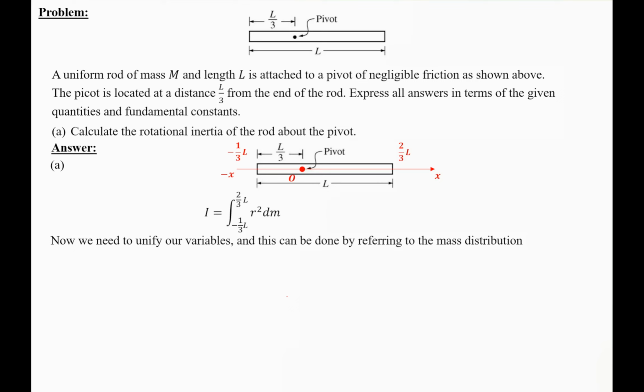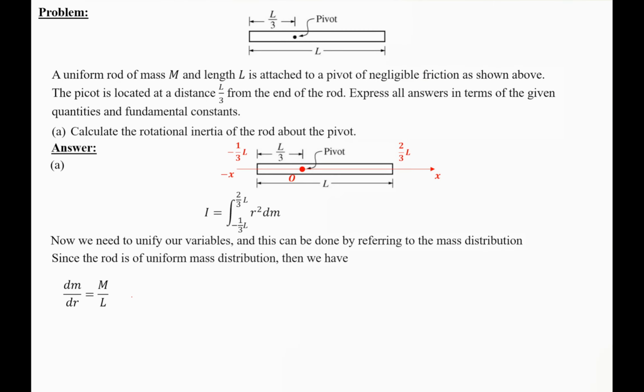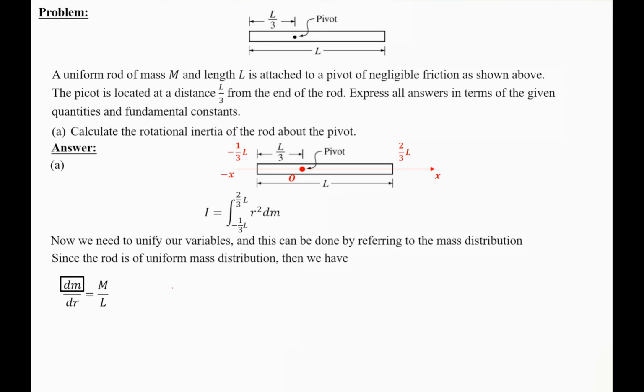Now we need to unify our variables, and as we said, this can be done by referring to the mass distribution. Since the rod is of uniform mass distribution, we have the following identity: differential mass over differential distance is equal to the total mass over the total length. We can set the integral completely depending on mass or on distance, but because these are fixed, it is easier to change mass into distance, and this is done by isolating dm.